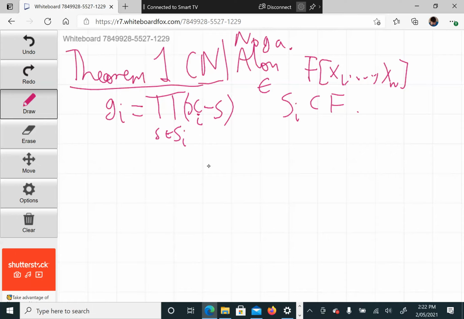Like if it was just x and y, g_x only has x in it and g_y has only y in it. So it's a polynomial in only one variable. Examine small cases. x_i is a variable, and s is the stuff that's in the set. So i goes from 1 to n.